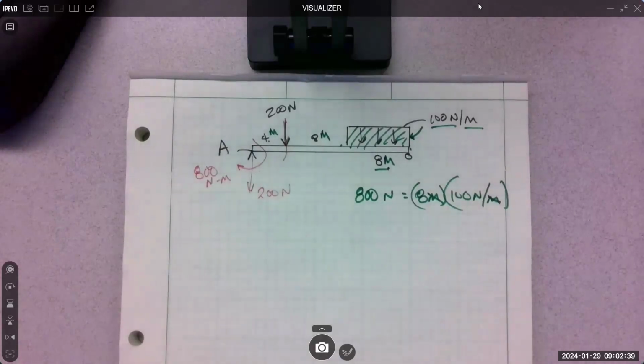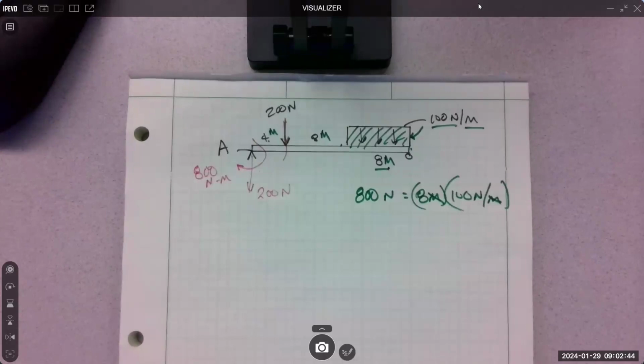So to get the concentration of a distribution, you just calculate the area of the distribution. So we know it's 800 newtons. Where do we put that? You put it through the geometric center of the distribution. What's the geometric center of a rectangle?